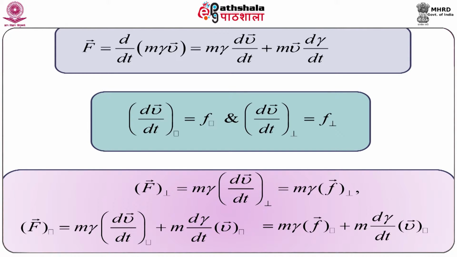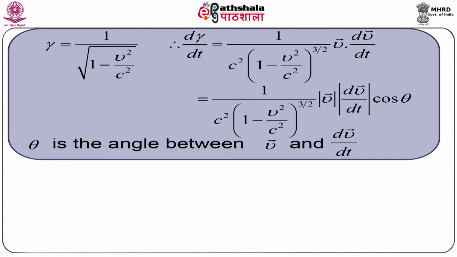Denoting d/dt of v vector parallel equal to f parallel, we get this result, where gamma is given by gamma equal to 1 divided by square root of 1 minus v square divided by c square.